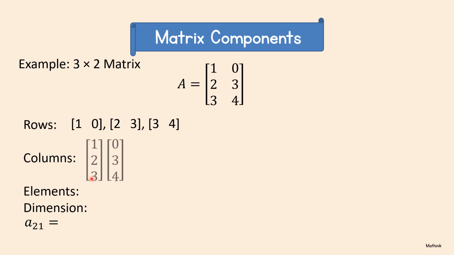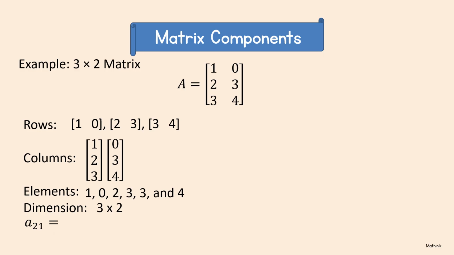The first column is composed of 1, 2, 3. And the second column is composed of 0, 3, 4. The elements are 1, 0, 2, 3, 3, and 4. As you can see, we have 3 rows and 2 columns. Therefore, we have a 3 by 2 matrix.